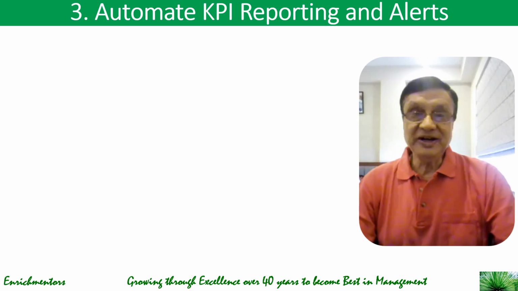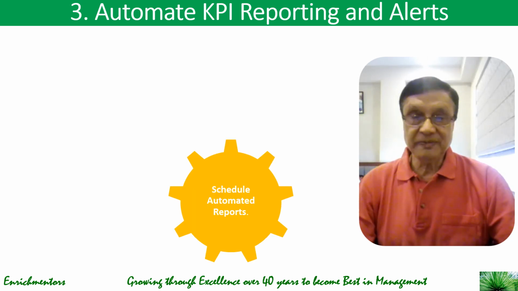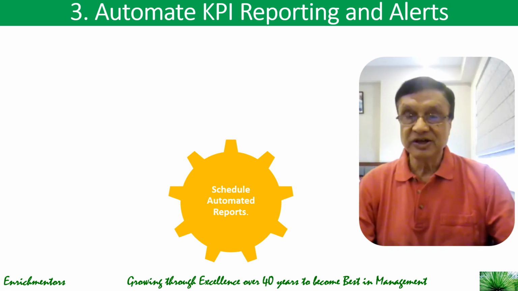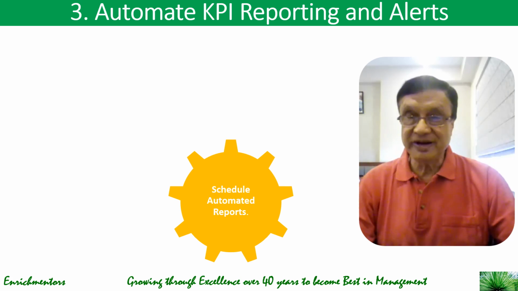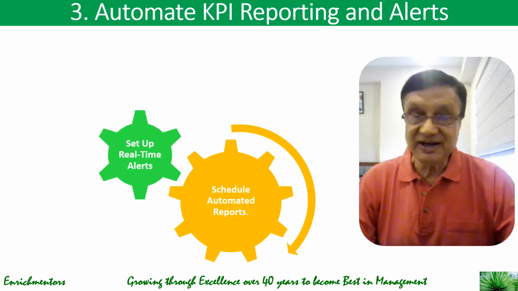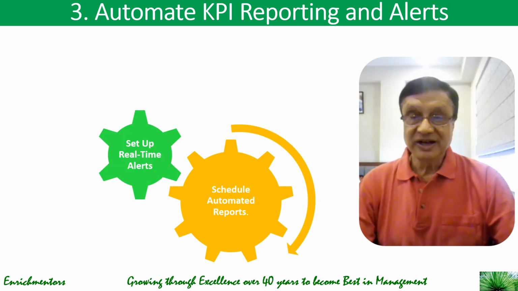Then automate the KPI reporting and alerts. Schedule automated reports: configure daily, weekly, and monthly reports for each KPI, so that the stakeholders receive updates without needing to run them manually. And second is to set up real-time alerts that trigger when a KPI moves outside a desired range, such as AR days exceeding a set threshold or a denial rate spike.